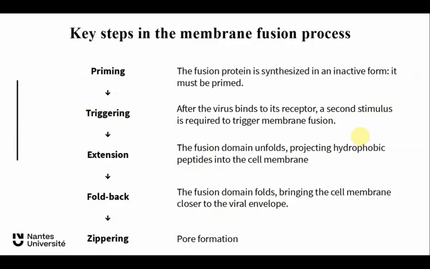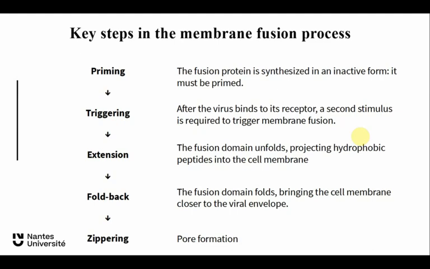So the first thing is that there's going to have to be some kind of priming step. When the fusion protein is synthesized on the ribosome and incorporated on the surface of the particle, it's not immediately active. That's important because you don't want the fusion domains to start working inside all the intracellular compartments of the infected cell.